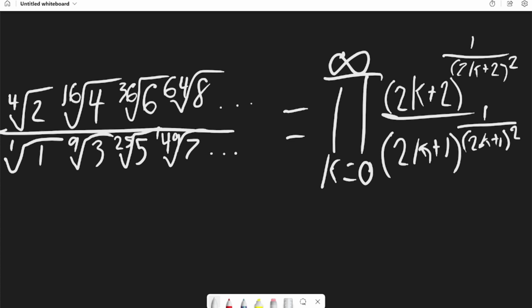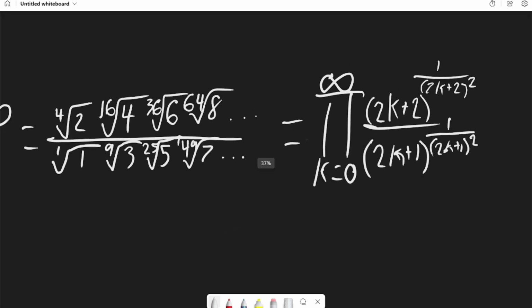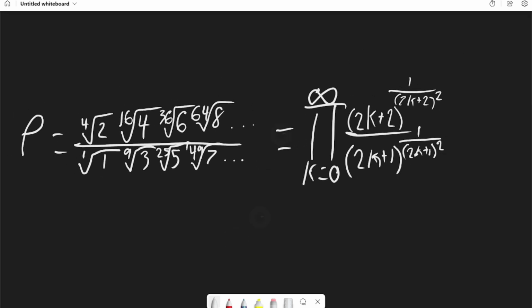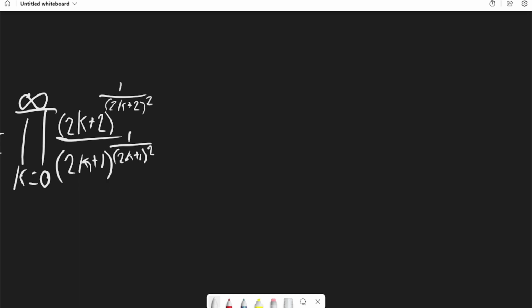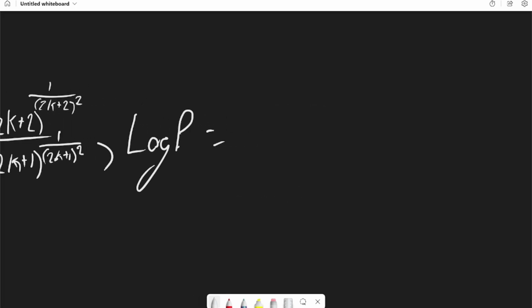Alright, there. So now that we have the general term, we can take the log of P, and then take the log of the product form. So we get the log of P equals the following infinite series, k equals 0 to infinity.